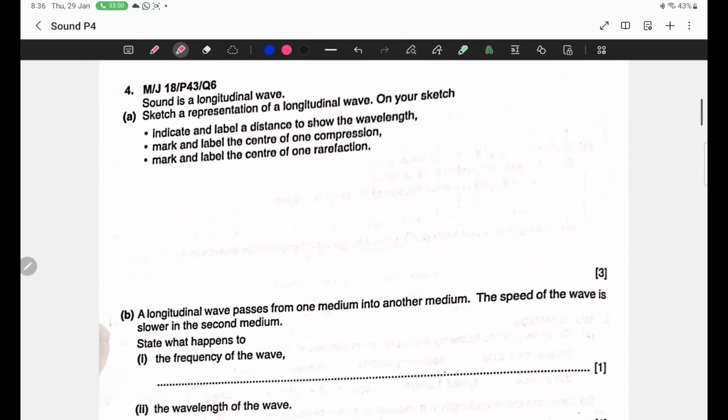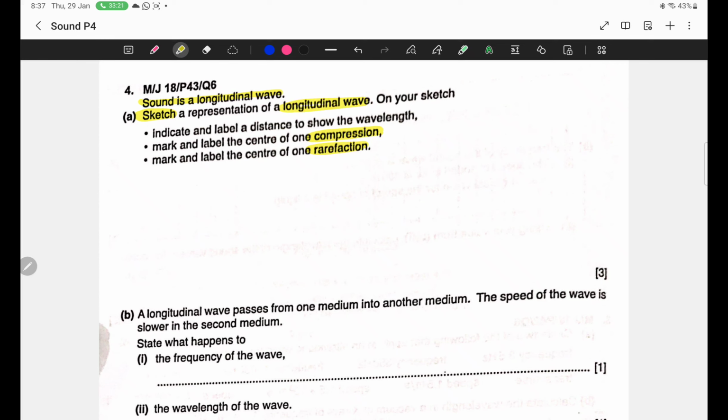And now question number 4. You are given that sound wave is a longitudinal wave, and you have to sketch a longitudinal wave in which you show compression and rarefaction. We have very limited time for this class, so I am not going to redraw this diagram.